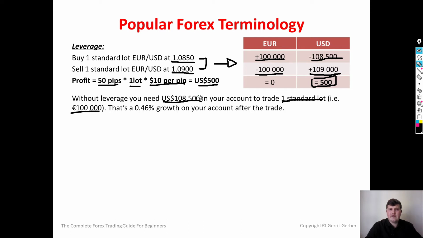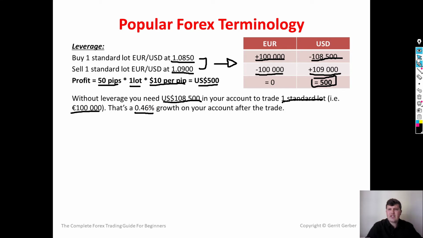Just by looking at these values, that would discourage a lot of traders from trading the forex markets. And with a profit of $500 on this $108,500 account, you would only see a 0.46% growth on your account, and that is nothing.